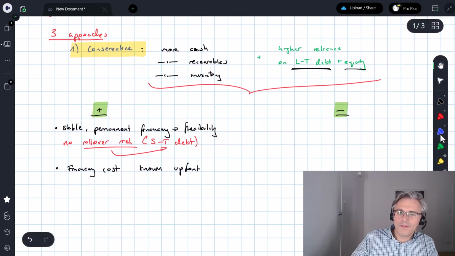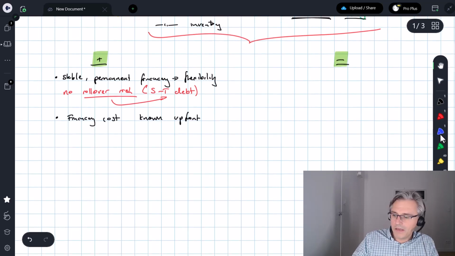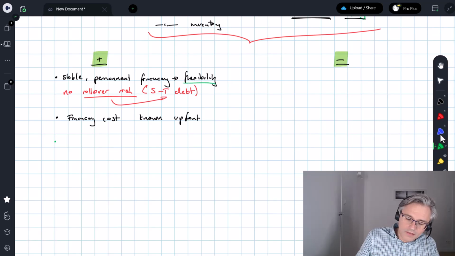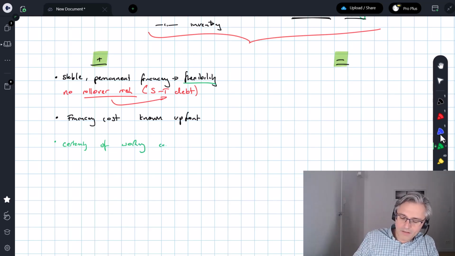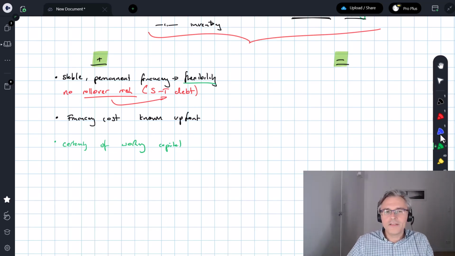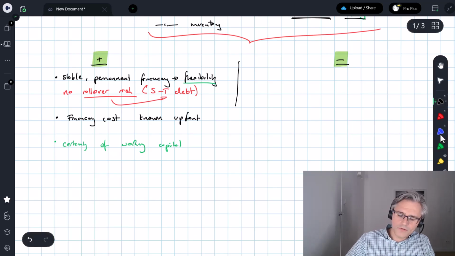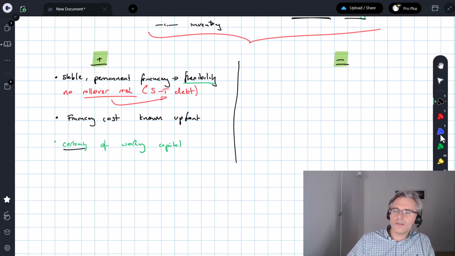And you will not have to renegotiate that all the time. And you've got not just flexibility, but also certainty of working capital. As I said, if you stock up more than may necessarily be the imminent need in inventories, at least you've got a buffer, which gives you some certainty.